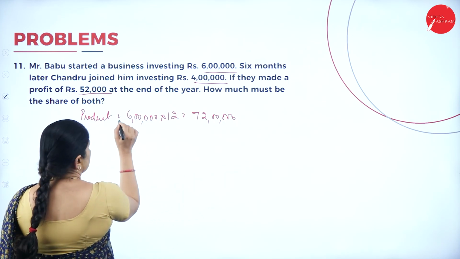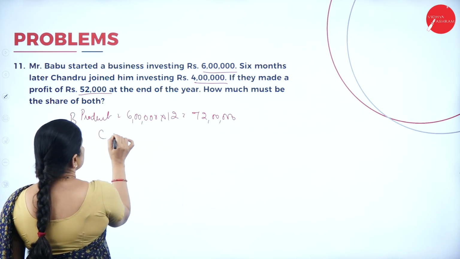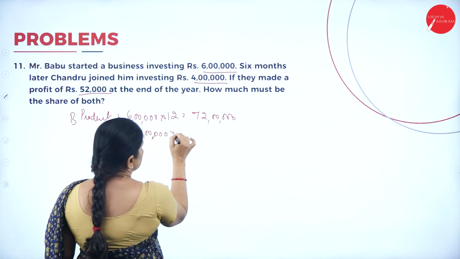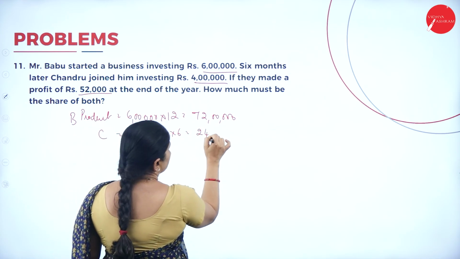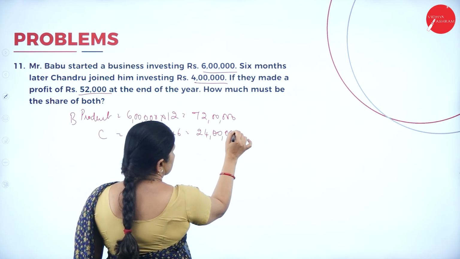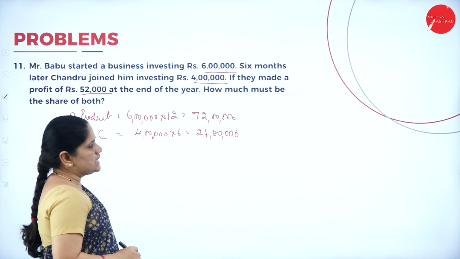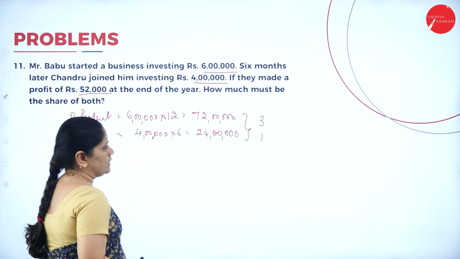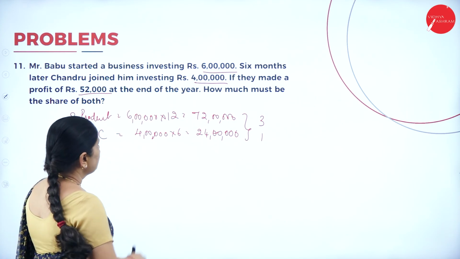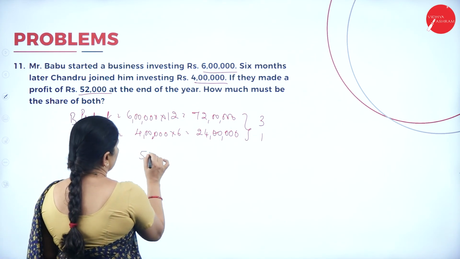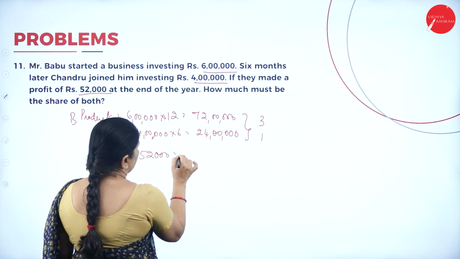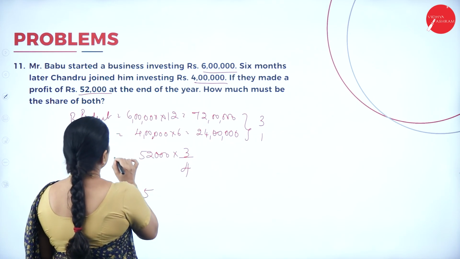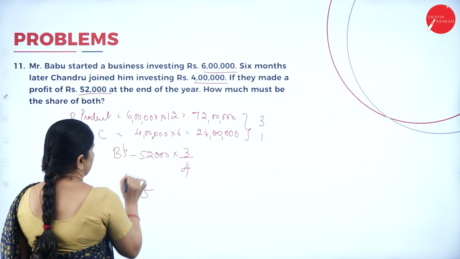Then next, this is C. C will be 4 lakhs into 6, so that will be 24 lakhs. Now, when we consider the ratio of this, it will be 3:1. Now we have the profit here, 52,000 into 3 by 4, so this will be B's share.